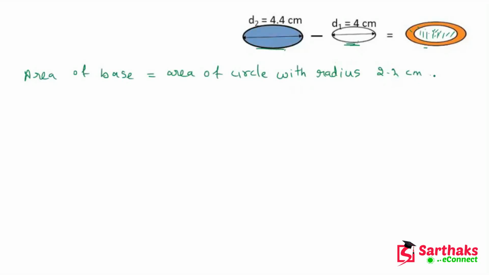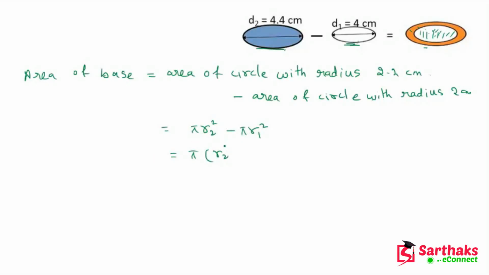So minus area of circle with radius 2 centimeter. This becomes pi r2 square minus pi r1 square. We can take pi as common. We get pi times r2 square minus r1 square. So this will become 22 upon 7 into 2.2 square minus 2 square, which equals 22 upon 7 into 4.84 minus 4.